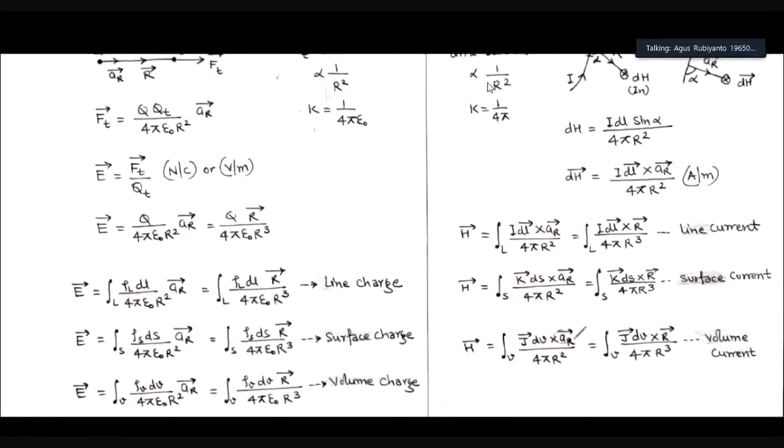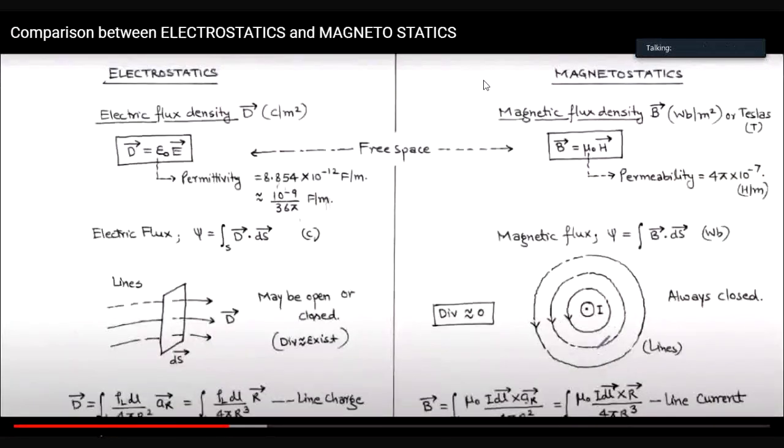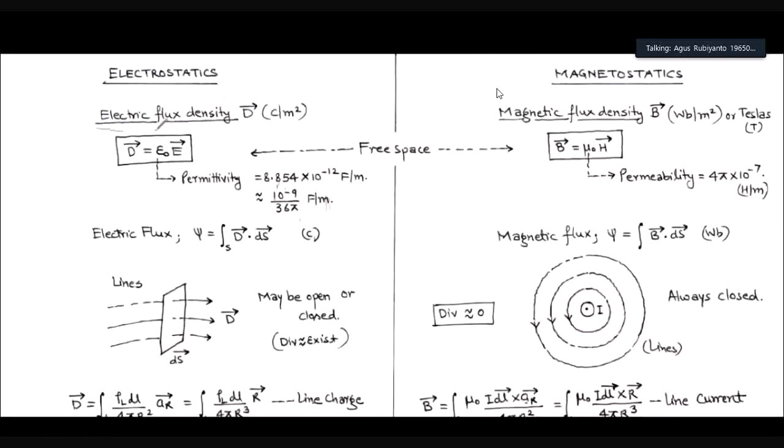Now next difference is on the basis of flux density. In electrostatic, we consider an electric flux density denoted by capital D vector, and its unit is coulomb per meter square. In magnetostatic, we consider a magnetic flux density denoted by capital B vector, and its unit is Weber per meter square.